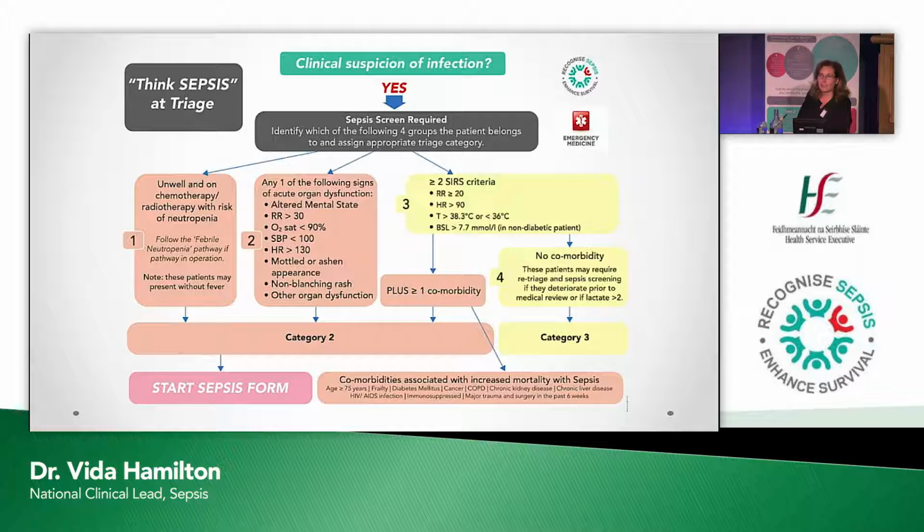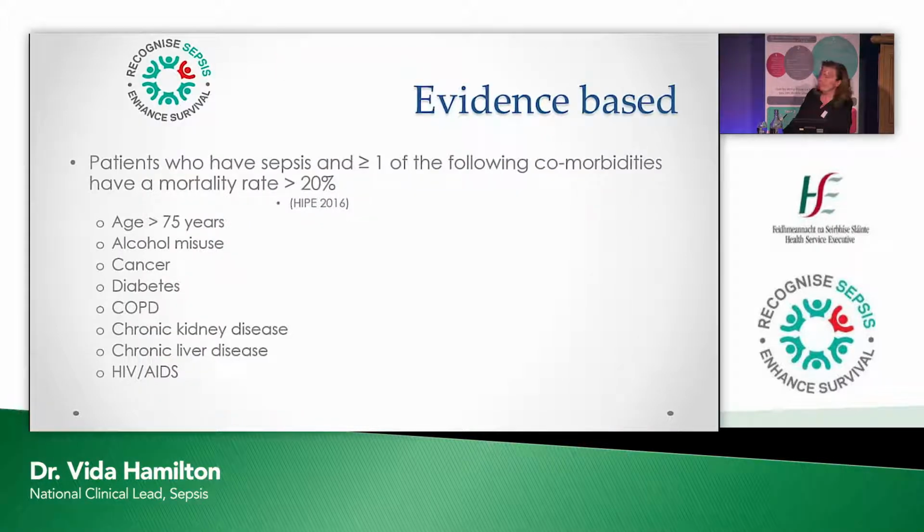So if a patient presents with infection, and they are unwell and on receiving chemotherapy or radiotherapy, that puts them at risk of neutropenia, or they have clinical signs of acute organ dysfunction, and we have a list of those clinical signs, or they present with a systemic inflammatory response and have one of the comorbidities that are listed here and that are associated with increased mortality with sepsis.